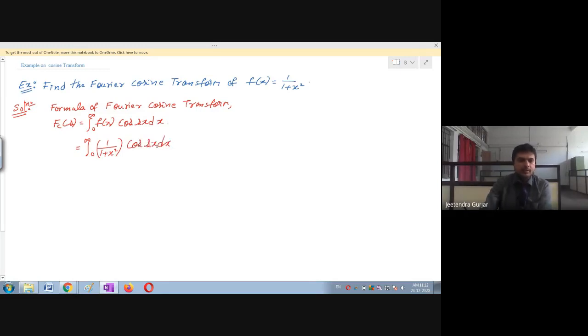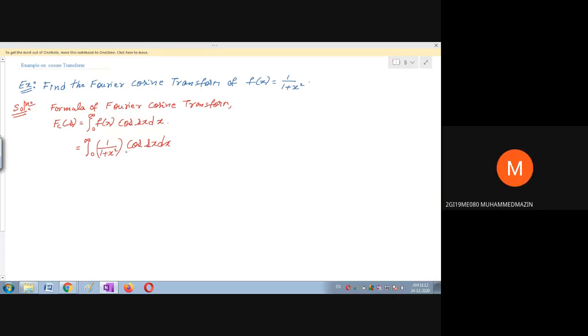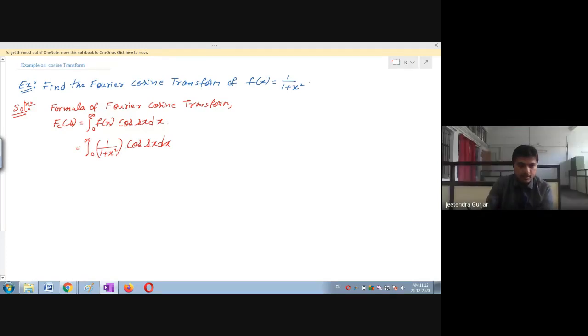Students, is it clear? So now I can see, do we have any integration formula for this that we can apply? Like we used to have integration e raised to ax and then cos sx, and then we used to have direct simplification, right students?